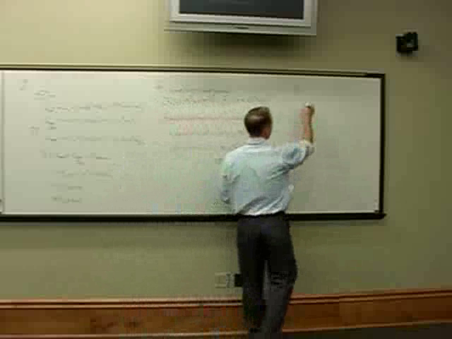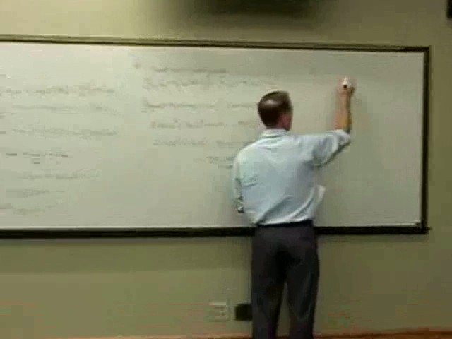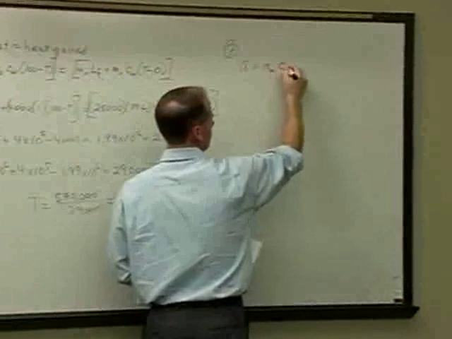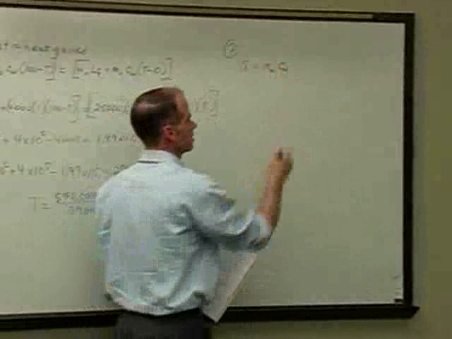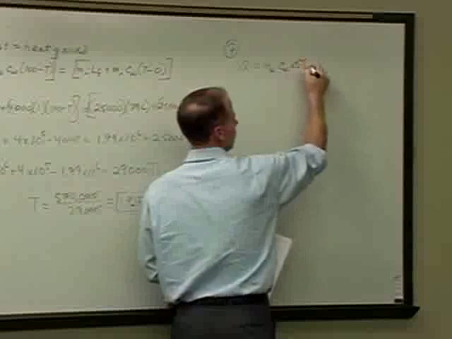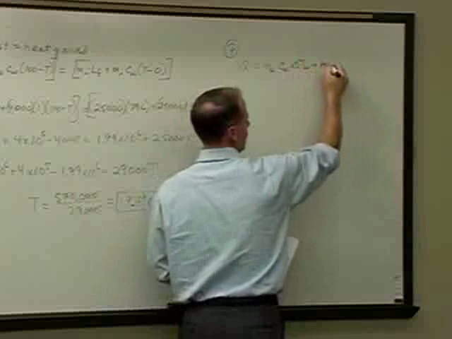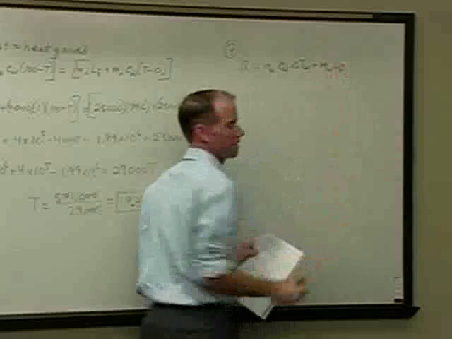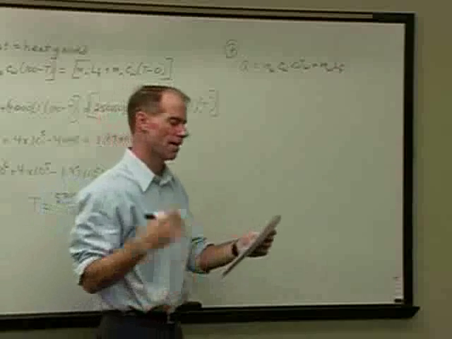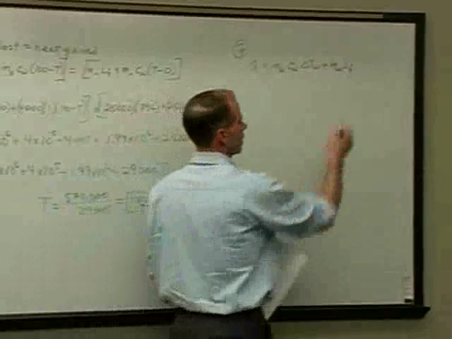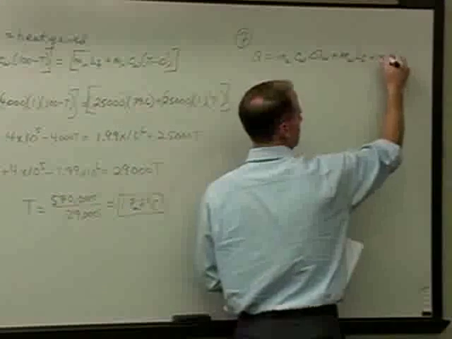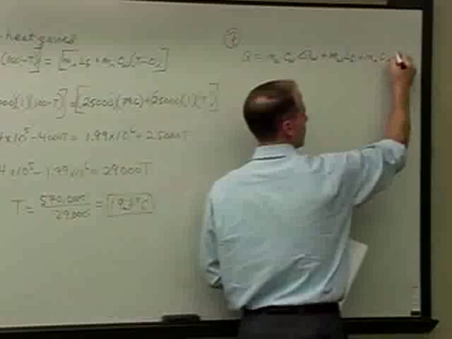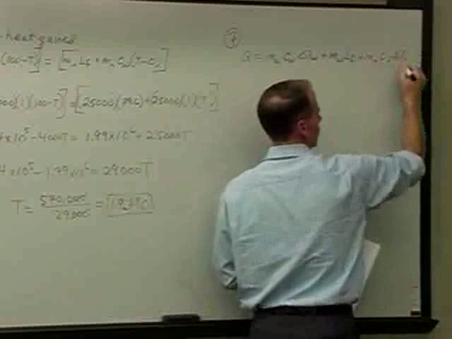So the heat required will be the mass of the water times the specific heat of water times the change in temperature of the water, plus the mass of the water in the phase change, the mass of the water times latent heat of fusion, and then when it's changed to ice, we'll have the mass of ice times the specific heat of ice times the change in temperature of the ice.